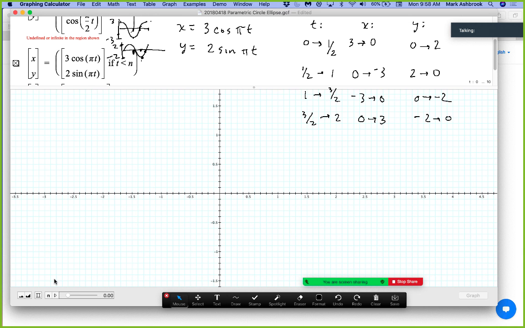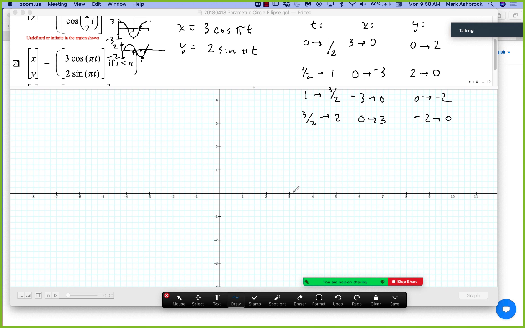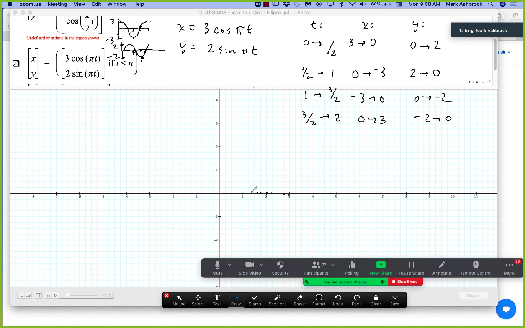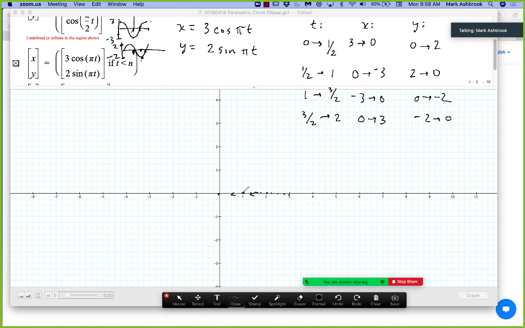Zoom out one time here. So x is going to go from 3 to 0. So imagine x going from 3 to 0. At the same time, y is going from 0 to 2. So what's that going to look like? Start at this point, (3, 0), and x is going to decrease to 0 while y increases to 2.